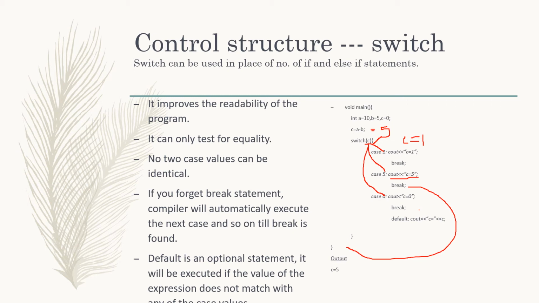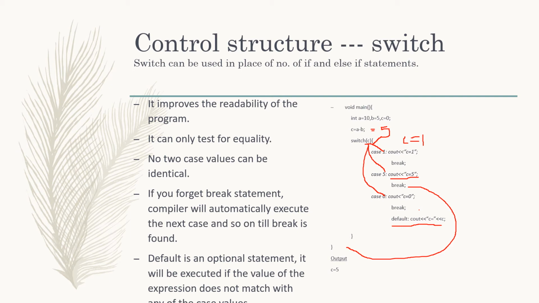So where will I go? Case c is equal to 1, false. Case c is equal to 5, false. Case c is equal to 0, false. Then I will go into my default and print out c is equal to 6. So if none of these is true, it will go into default.